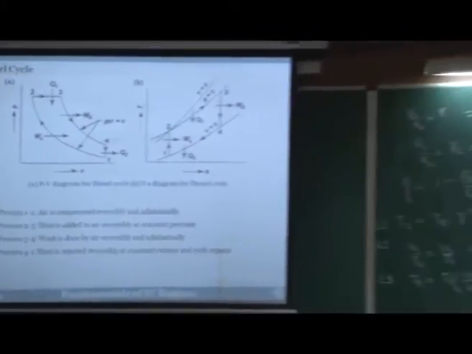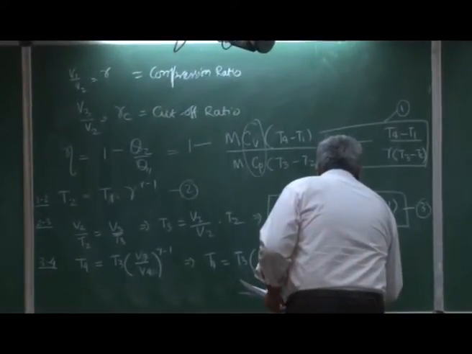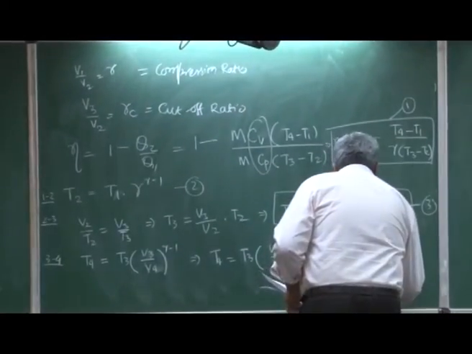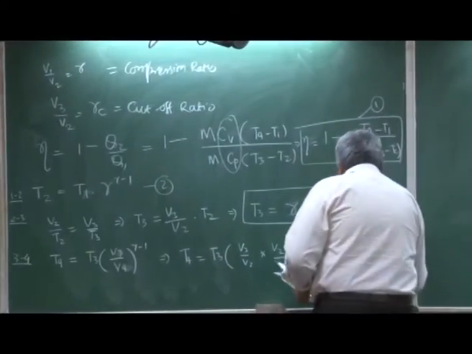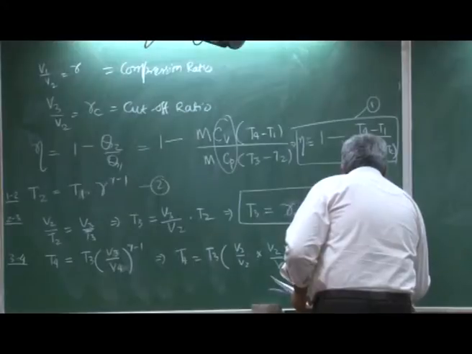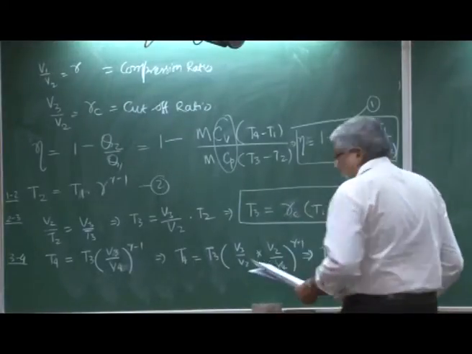So I can therefore write T4 is equal to T3 into rc into 1 upon r to the power gamma minus 1.